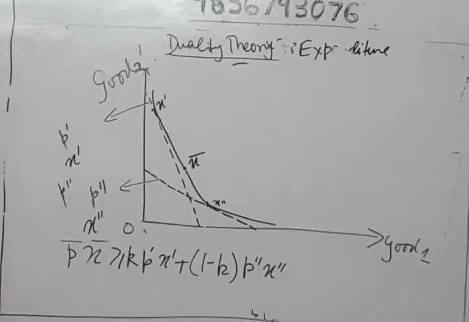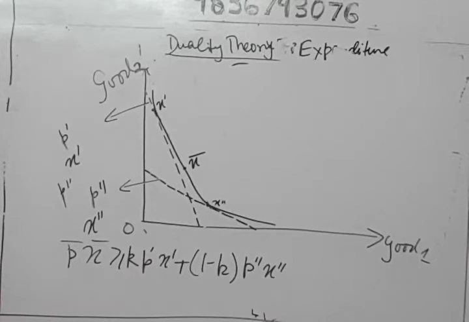Here we are getting this geometrical assertion because of the shape or the structure of the indifference curves only. So here this inequality is being satisfied as a result of the particular structure of the indifference curve.